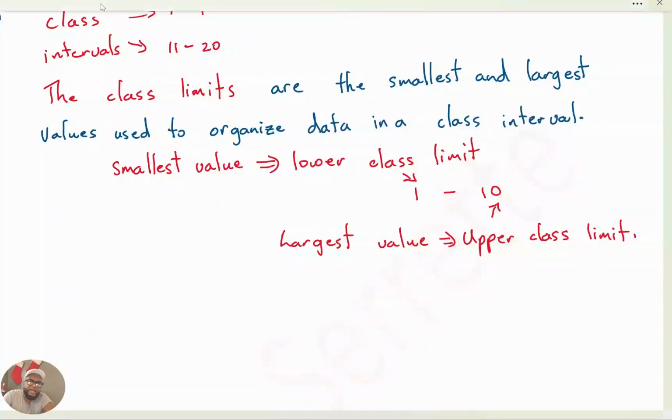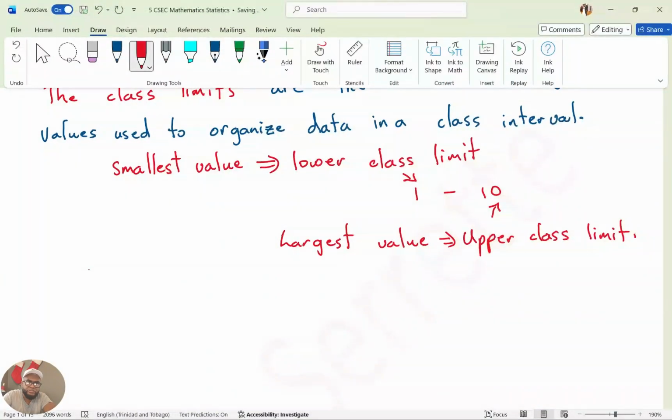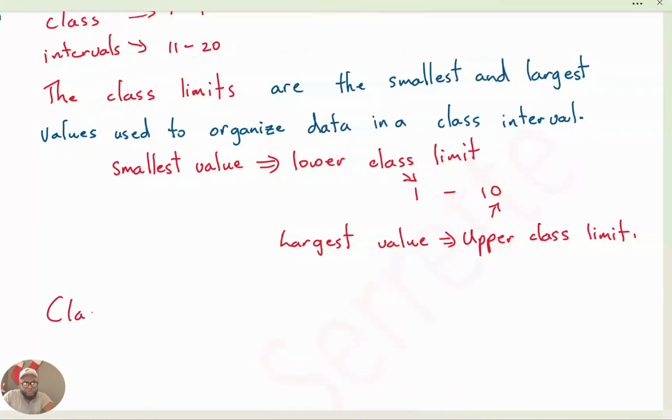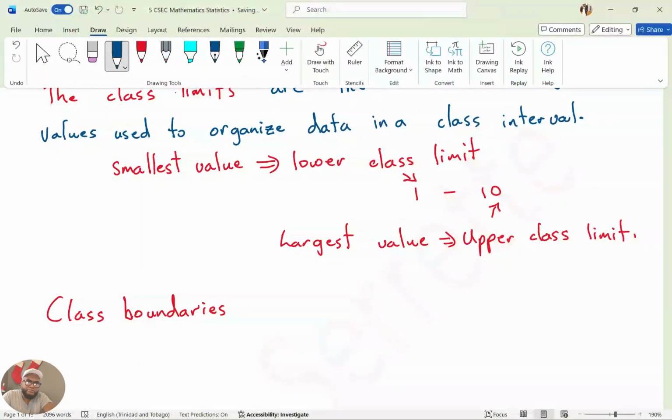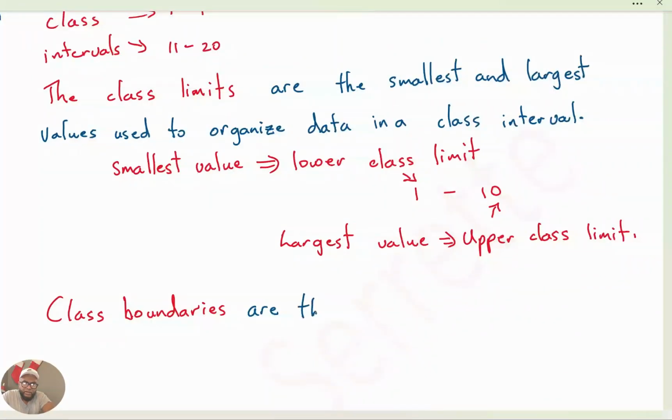Now we're going to deal with the class boundaries. So class boundaries are the true limits of a class interval.